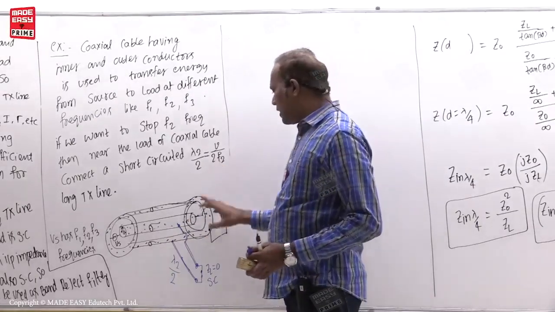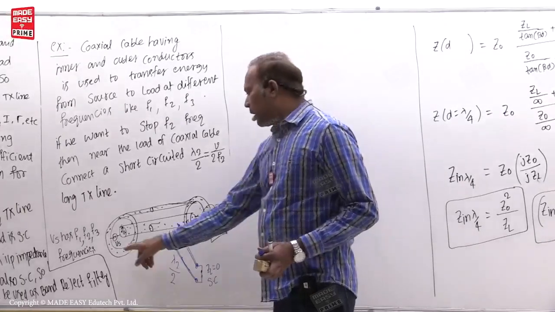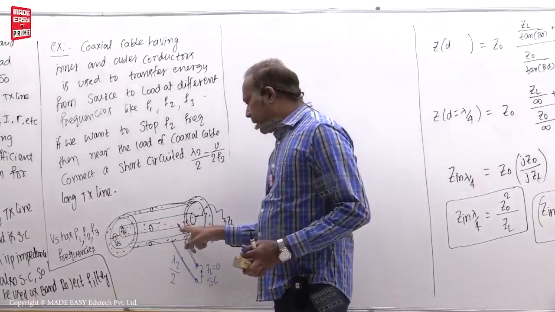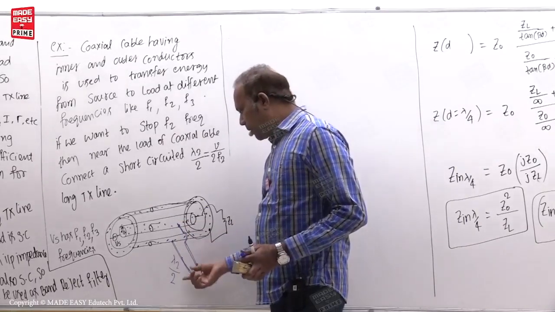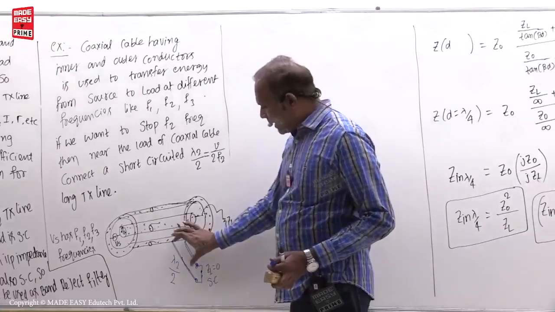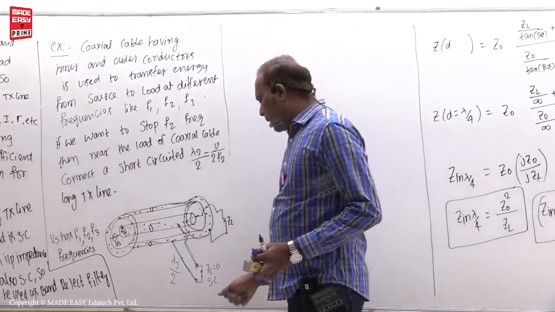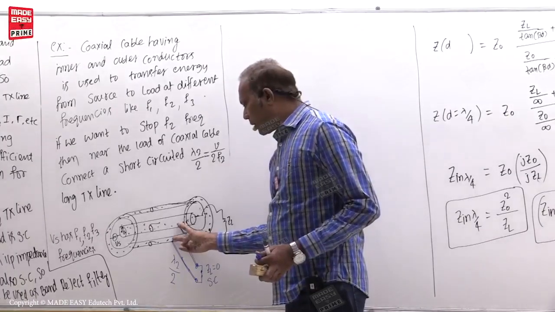Whenever the F2 frequency is sent here, then this lambda by 2 line behaves like a lambda by 2 line. Then here the load is short circuited.